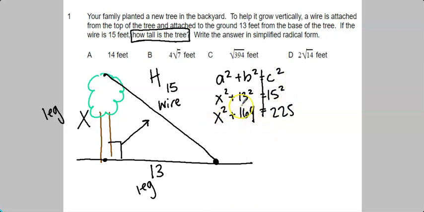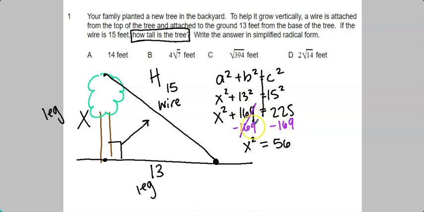So let's go ahead and get rid of this 169. So minus 169 minus 169. X squared is equal to 225 minus 169. So that would be 56.